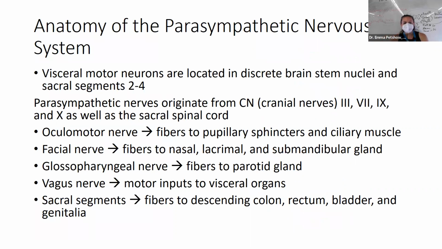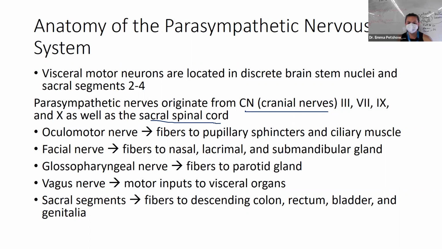So when we look at the anatomy of the parasympathetic nervous system, again, our visceral motor neurons are located at the brainstem nuclei and sacral segments 2 through 4, with parasympathetic nerves from our cranial nerves, so 3, 7, 9, and 10, as well as our sacral spinal cord. So 3 being our oculomotor nerve, fibers to the pupillary sphincters and ciliary muscle, like we talked about.